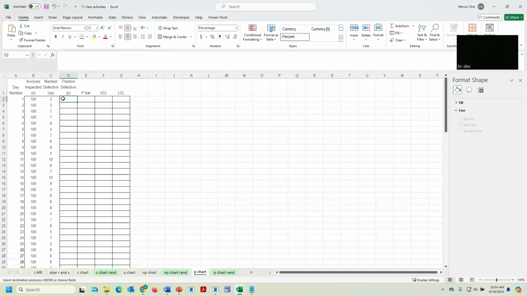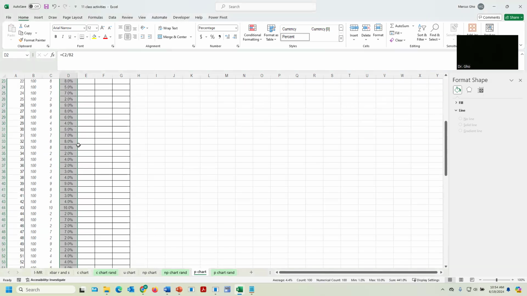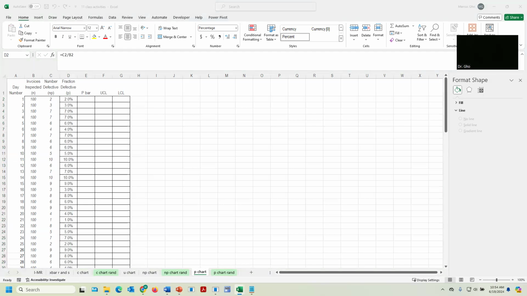And so with this one, let's see, number of defective units. So the proportion of defective units is going to be 2% for that one. Let's copy it all the way down. We've got a whole bunch on here, which is fine. And so let's look at the average.